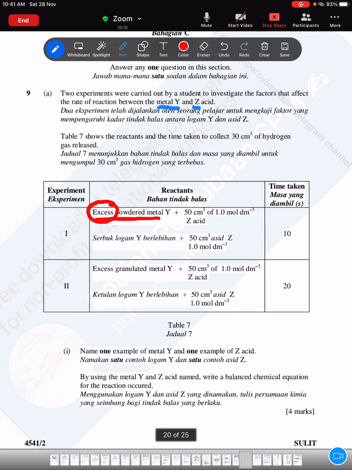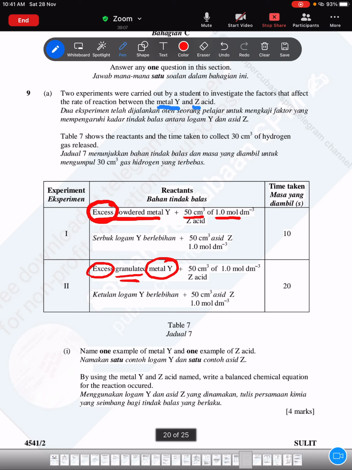Yes, to ensure a complete reaction takes place. That's why you are using it in excess. Okay? So you have 50 cm cubic of this thing and 1 molar. On the other hand, you use the excess granulated metal Y.